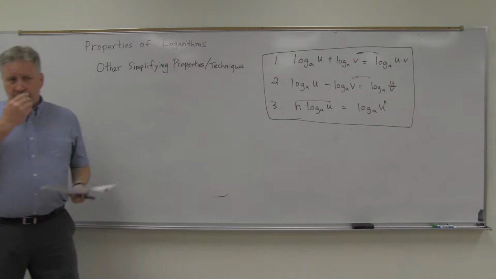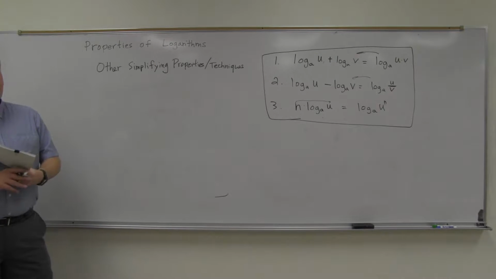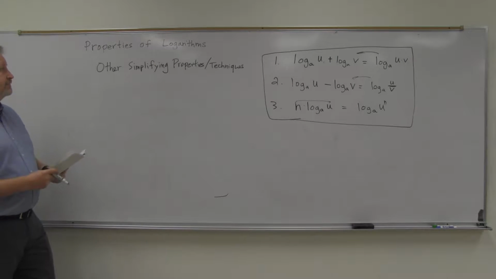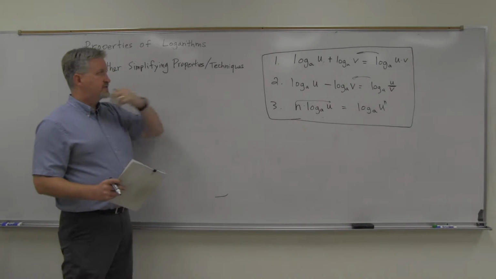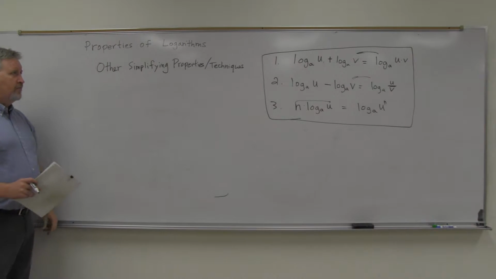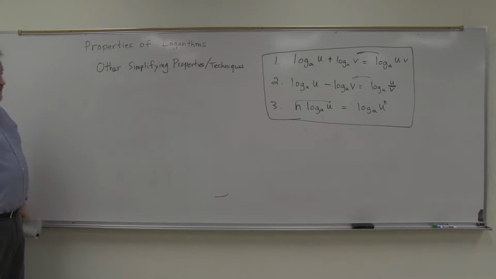You may have already noticed some other ways we can simplify logarithms. In addition to these properties of logarithms, there's a couple of other ones that we might want to note here.